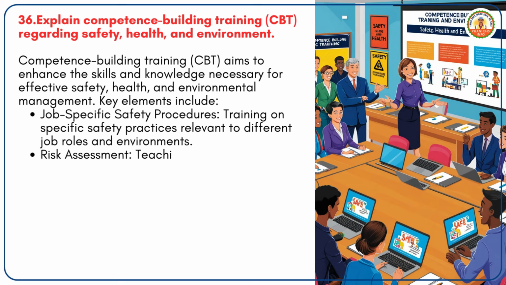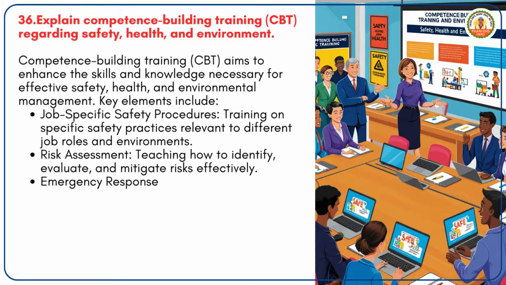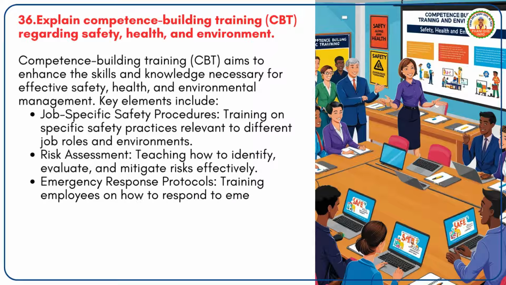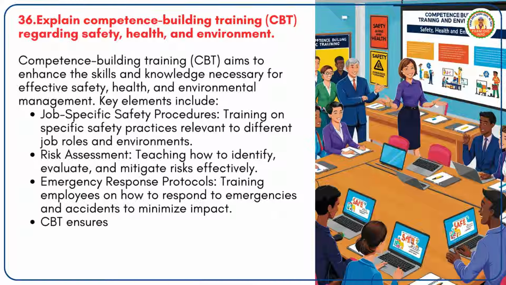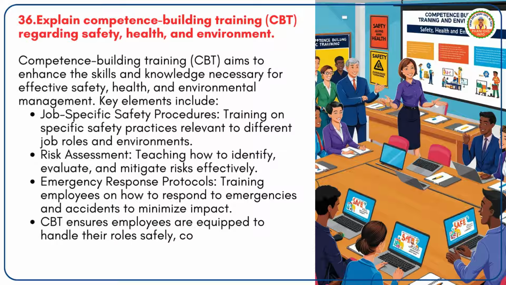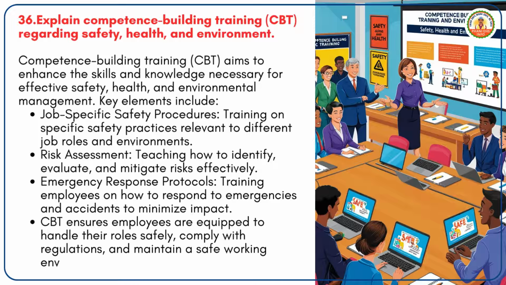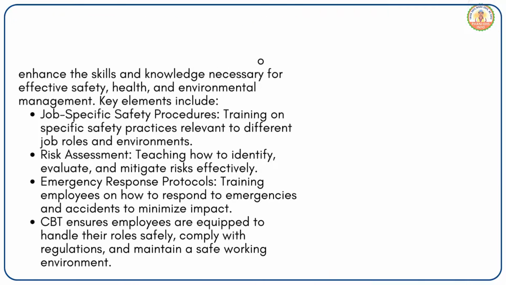Risk assessment, teaching how to identify, evaluate, and mitigate risks effectively. Emergency response protocols, training employees on how to respond to emergencies and accidents to minimize impact. CBT ensures employees are equipped to handle their roles safely, comply with regulations, and maintain a safe working environment.